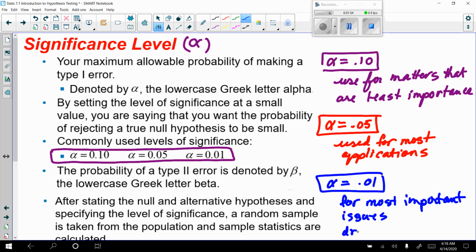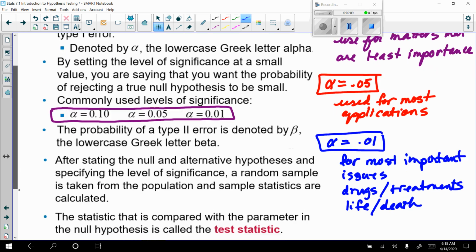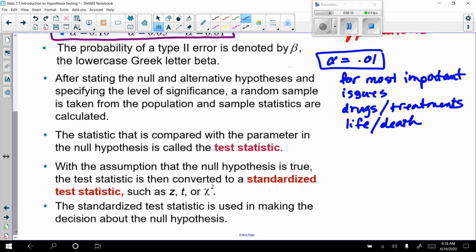So drugs, treatments, life or death type questions. And we can use these alpha levels and do hypothesis testing for any type of situation.